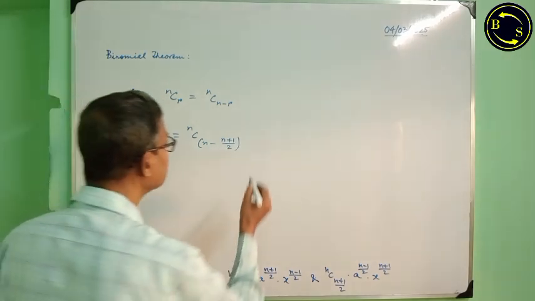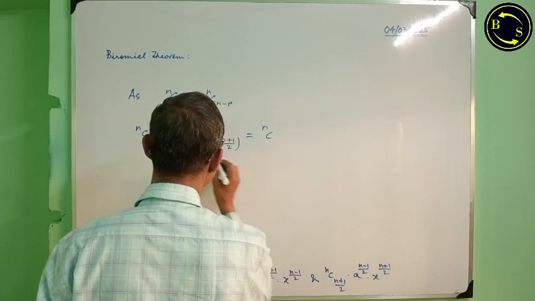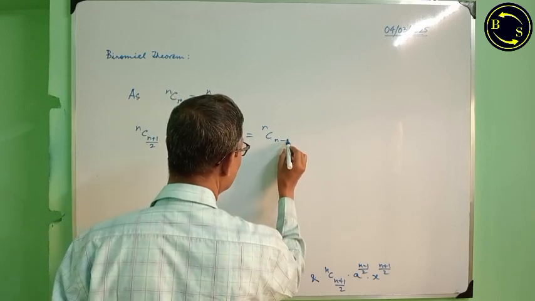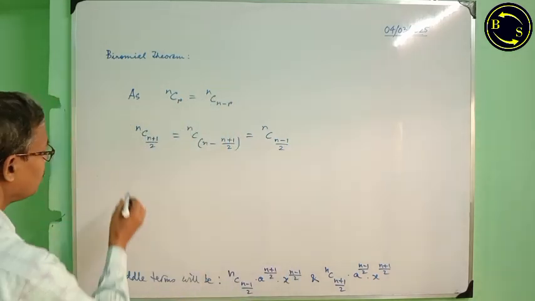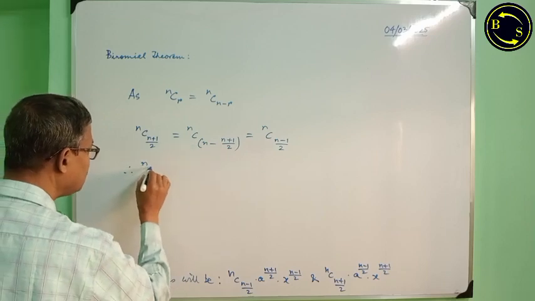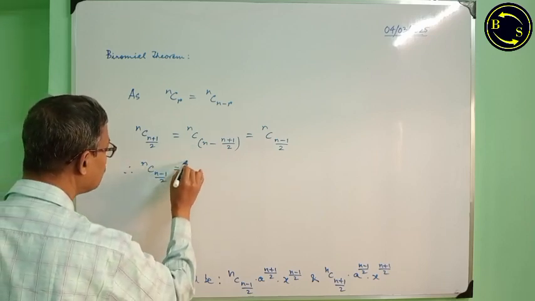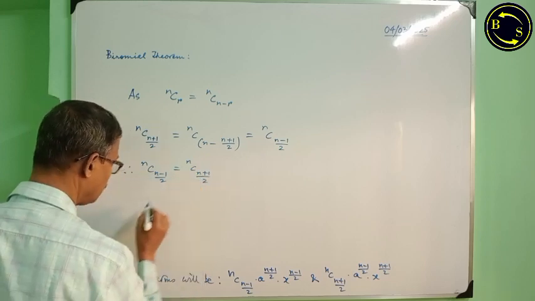Now on simplification it will be nC(2n minus n minus 1)/2, that means (n minus 1)/2. Therefore, finally we see nC(n minus 1)/2 is equal to nC(n plus 1)/2.